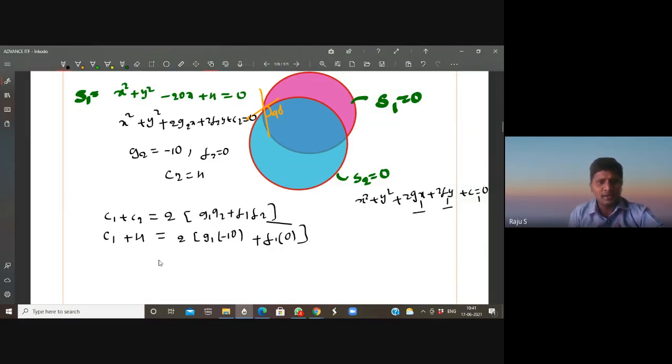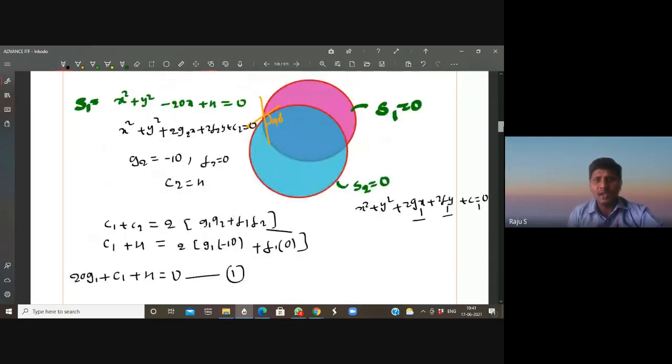So finally, taking to the left side, minus 20g1 plus c1 plus 4 is equal to 0. This is one equation. With the help of the orthogonal condition, I found one equation.